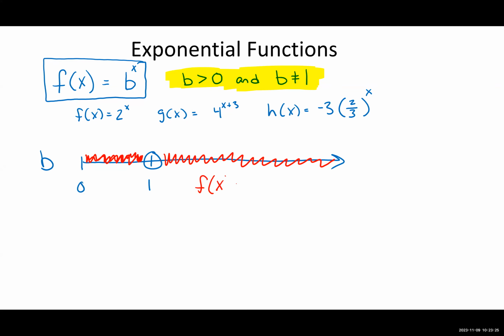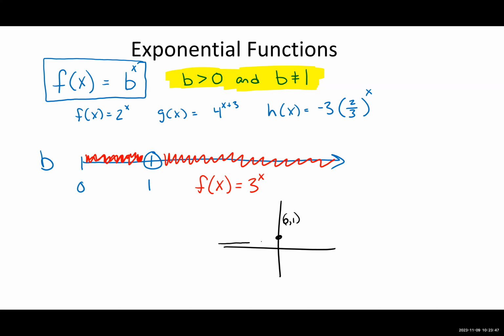f of x is equal to 3 to the power of x. That's to the right of 1. And it turns out for all of those values of b, the graph is going to look the same. It's going to go through the point (0, 1), because anything raised to the 0 power is 1.